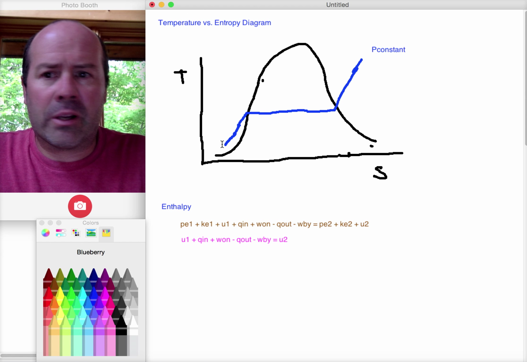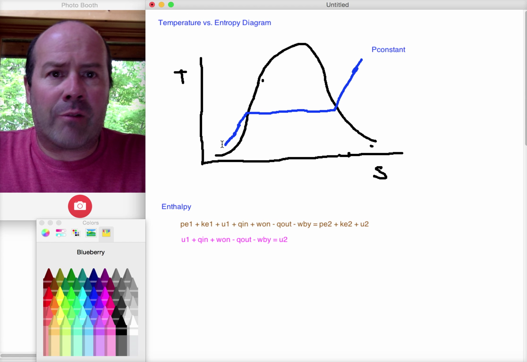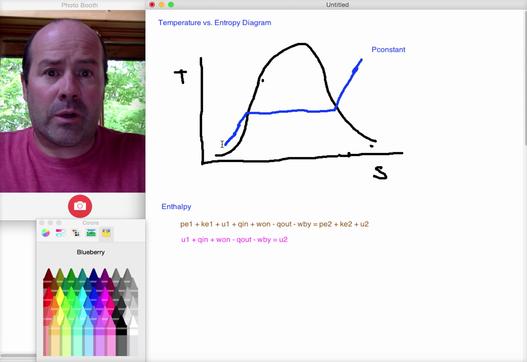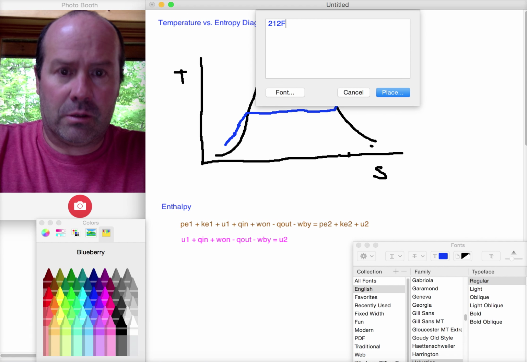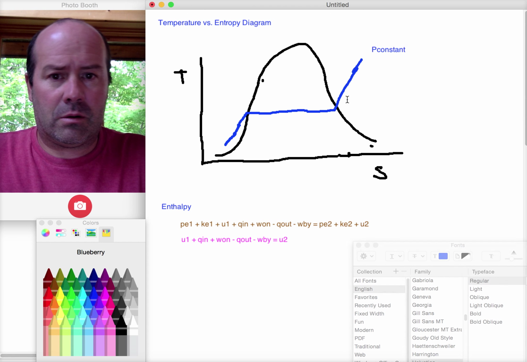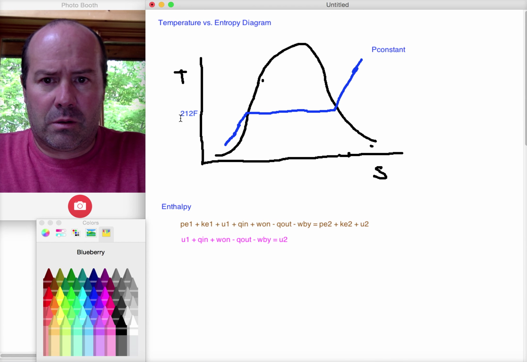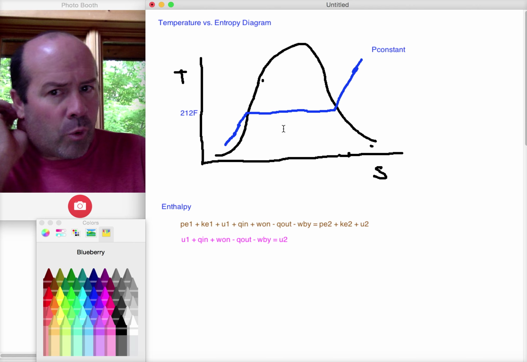Think of putting a pot of water on your stove, and it's a liquid, and its temperature is less than boiling. What is the boiling point for liquid? Anybody know? 212, you say? Oh, very good. So the boiling point is 212.